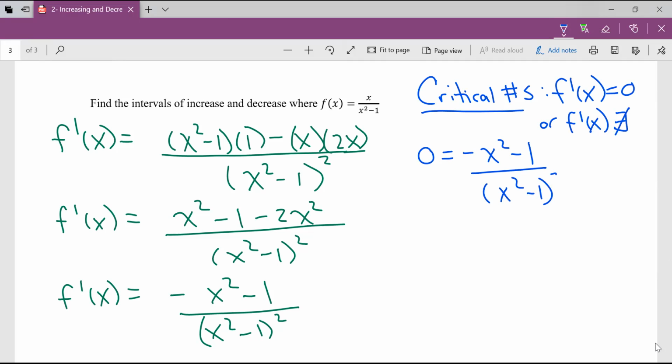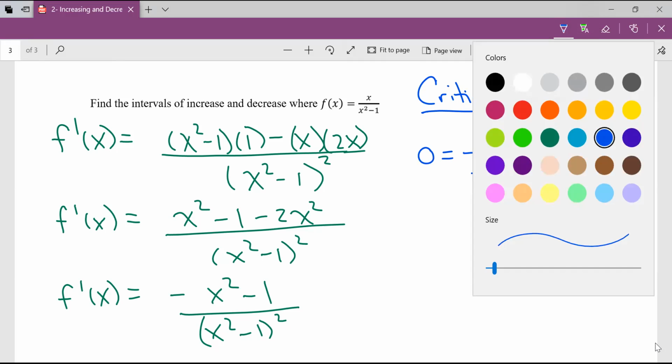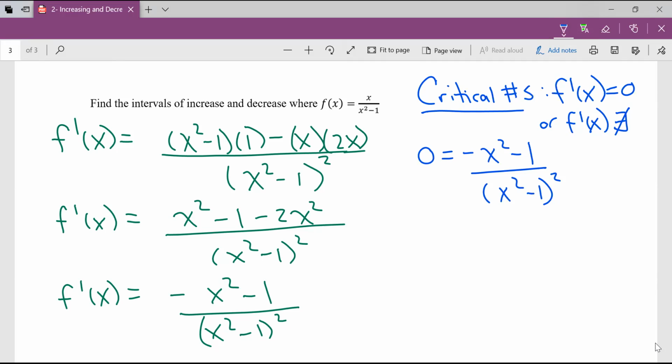All right, let's first look at where it doesn't exist. Well, it doesn't exist in the denominator here because we could have the potential for division by 0. So it doesn't exist when x is equal to -1 and x is equal to +1. Okay, so we'll keep that in mind. So there's two critical numbers right there.